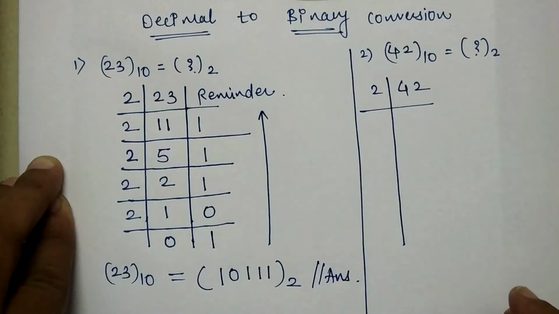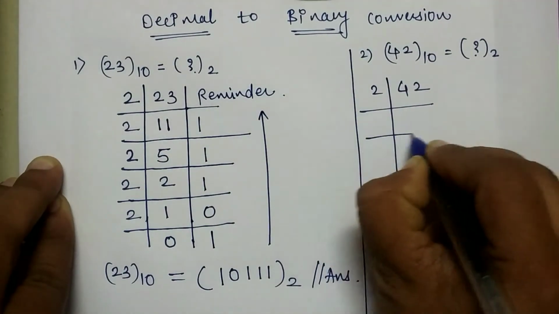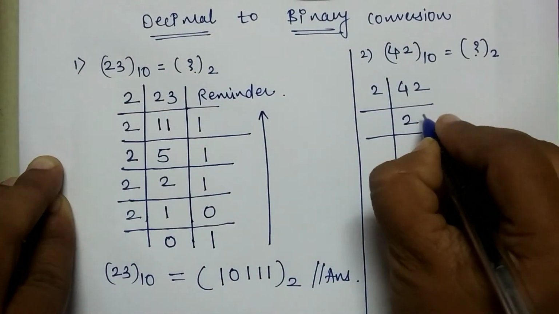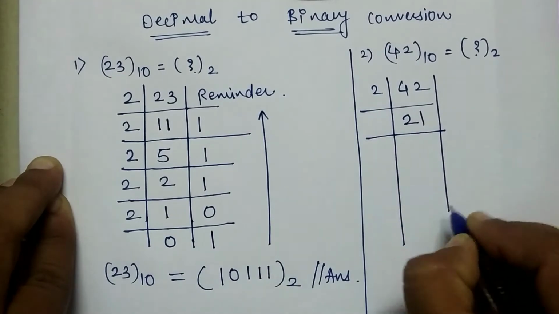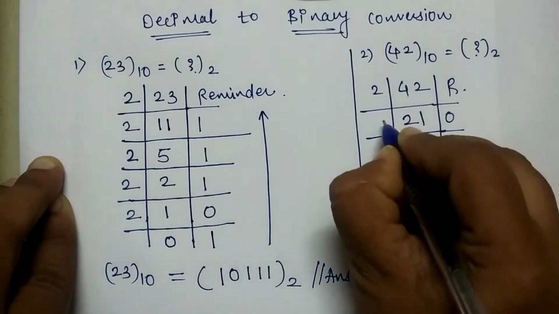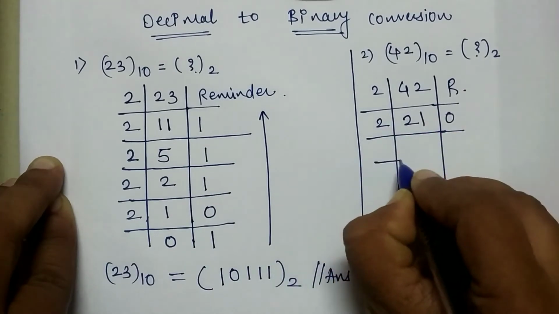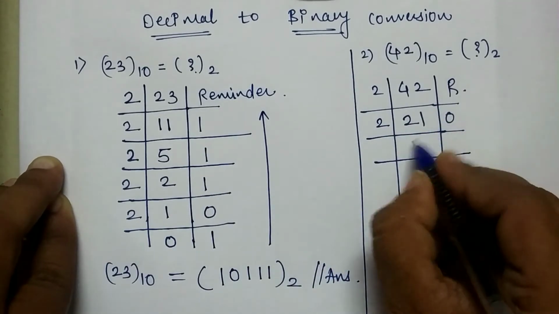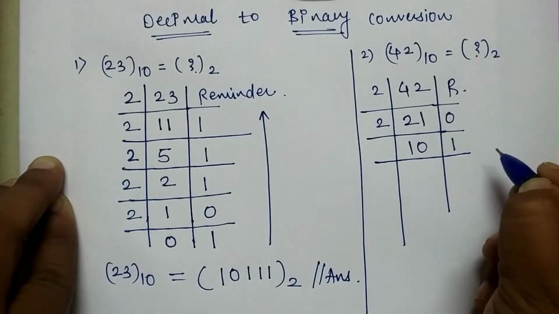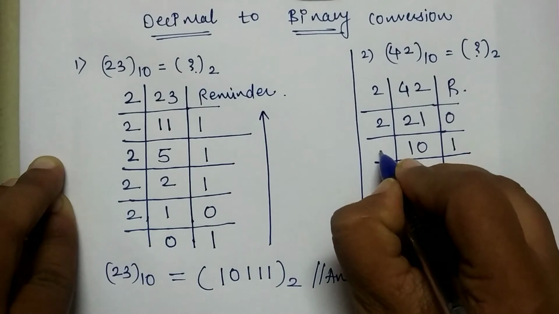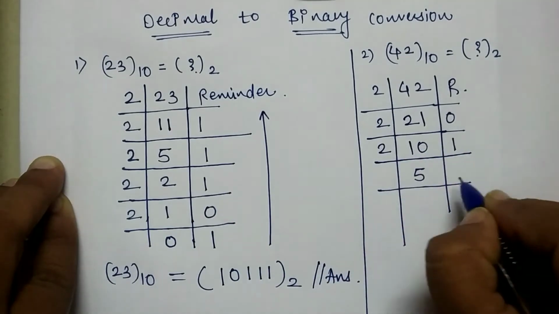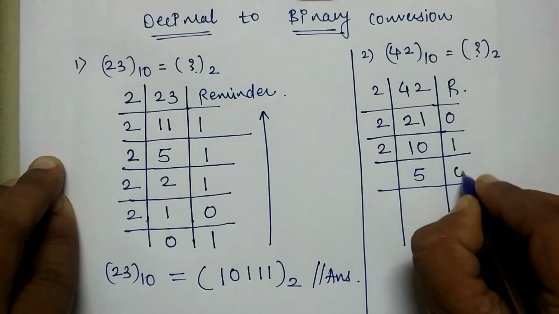The quotient is 21 and the remainder is 0. Again, if we divide this 21 by 2, the quotient is 10 and the remainder is 1. If we divide this 10 by 2, the quotient is 5 and the remainder is 0.